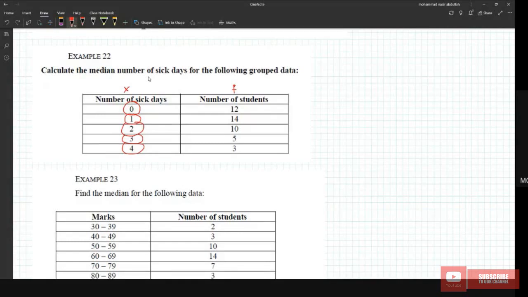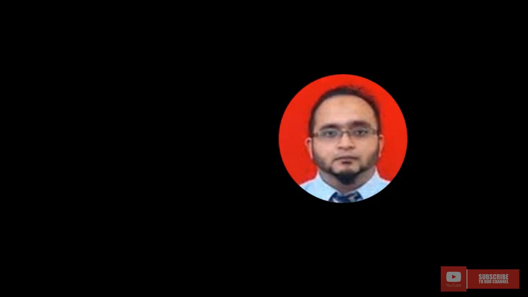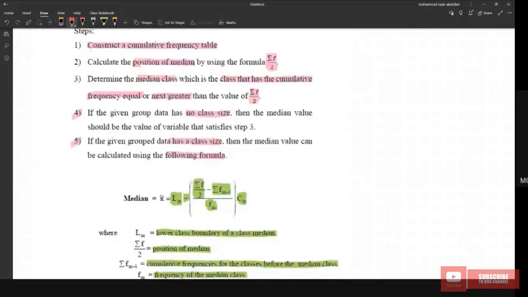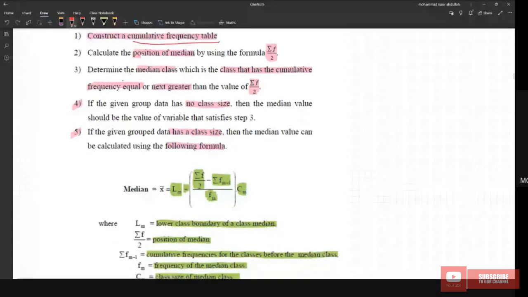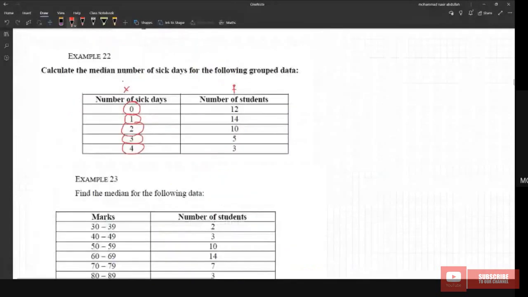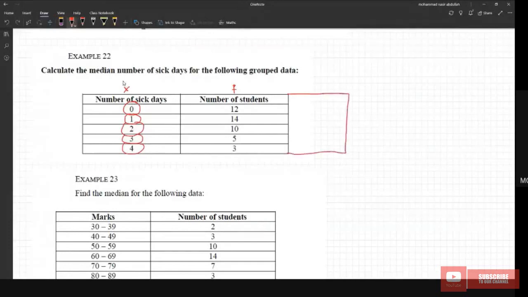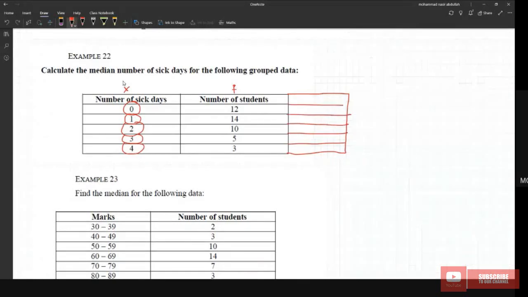So first step of calculating median, you need to construct a cumulative frequency table. To construct it, you need to create another column. Remember yesterday we already looked at how to construct a cumulative frequency table.